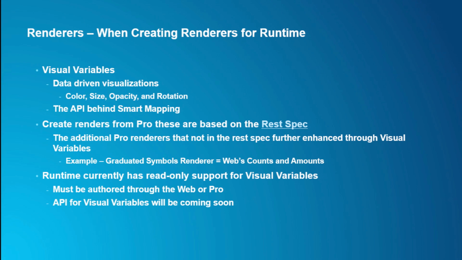So when you create smart mapping renderers on ArcGIS Online, it'll use visual variables to do some of the cool stuff, like when you do the rotation, or if you're doing the counts and amounts renderer, where you have a point symbol on a polygon and it changes its size based on a value.